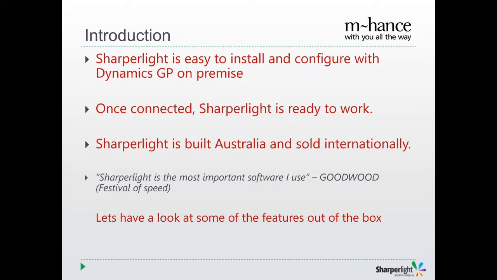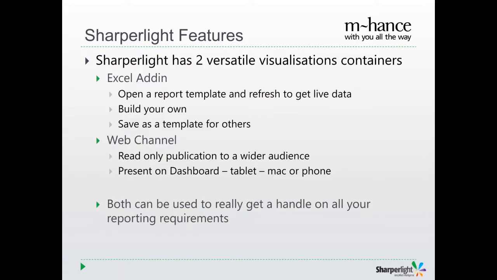That was based on information coming from the ticketing system but also Dynamics GP, and together Sharperlight was able to give them some insight into whether reaching out and purchasing another stand would be a good idea. So what I would like to do is to have a look at some of the features that come with Sharperlight.